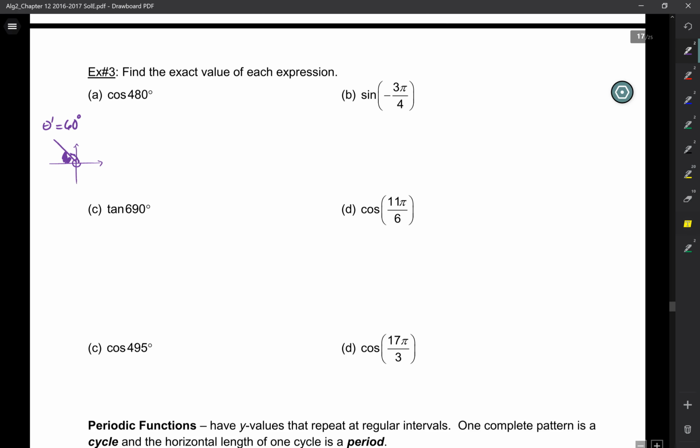Okay, so let's do that again. So the reference angle, are we all in agreement that it's in this quadrant? The reference angle is defined as the angle between the terminal side and the nearest x-axis.